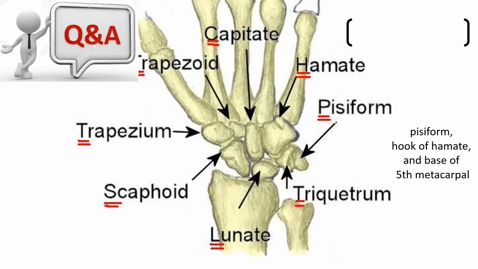Now let's see what is the insertion of flexor carpi ulnaris. Number one is pisiform carpal bone. Number two, hook of the hamate. And number three is base of fifth metacarpal bone.